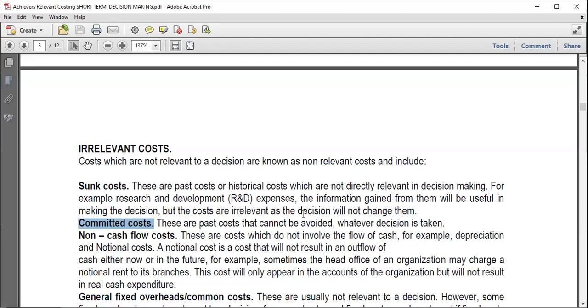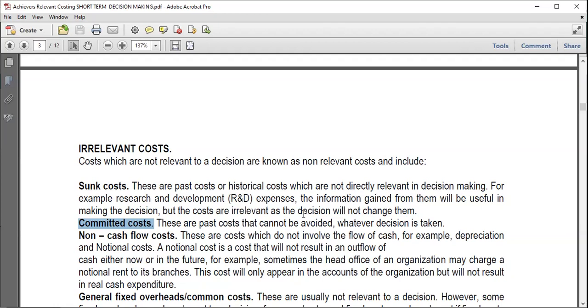It could be, for example, that today you're in a place and you already paid a prepaid rent for the next year, 2022. And the landlord, according to the contract, cannot reimburse this money to you.